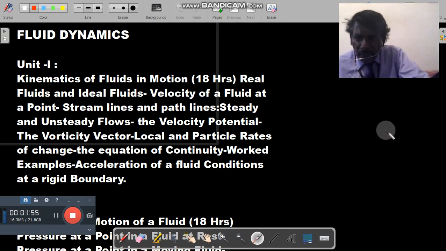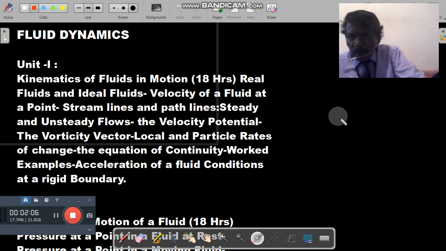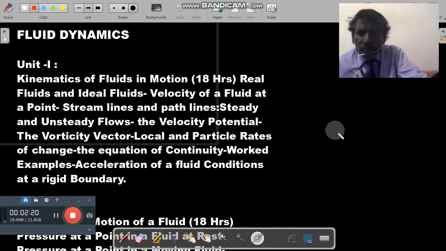Real fluid means the movement of the particle cannot be treated as a point, whereas ideal fluid means the movement we can take as a point. If you take it as a point, then we can apply mathematics and thus we can develop the mathematical ideas.